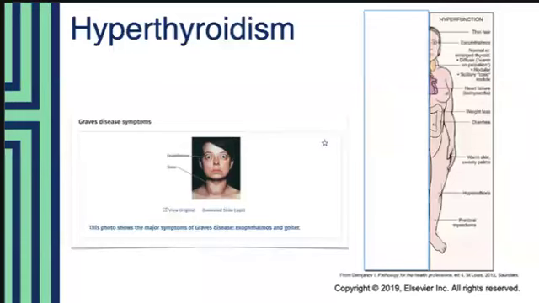GI, not always, but weight loss, increased peristalsis leading to less formed or more frequent stools, versus what we think about with hypothyroidism, where they were having constipation. GI symptoms also can include nausea, vomiting, anorexia, and abdominal pain. And then in their skin, we see excessive sweating, flushing, and even warm skin or heat intolerance.